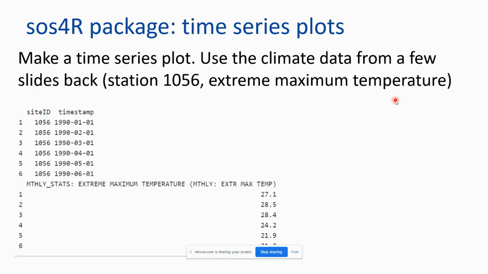And time series. Climate data naturally has a time aspect to it, and so it'd be good to plot up time and whatever it is on the y-axis. So we'll go back to that station 1056 data we downloaded, which was an extreme maximum temperature, and plot it up.